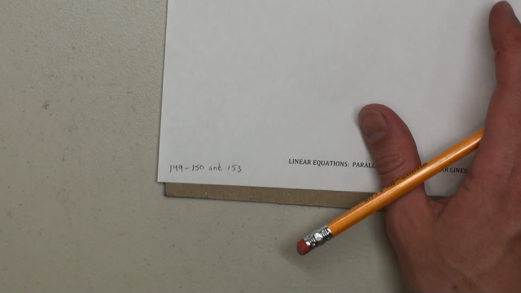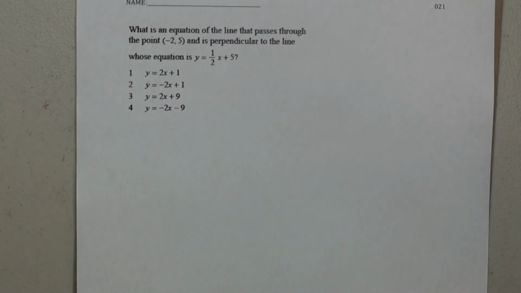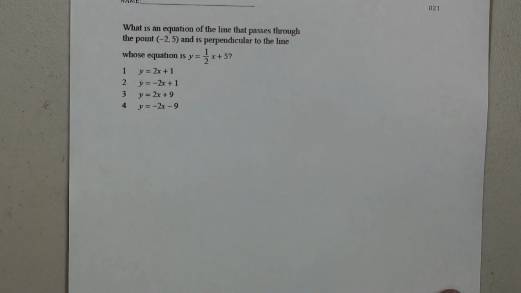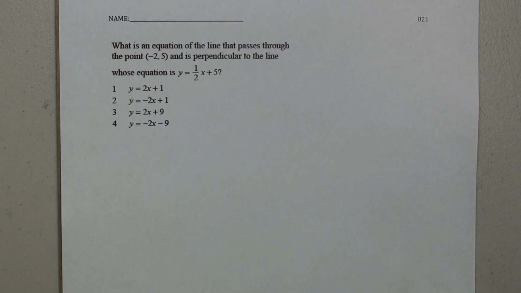Okay? And then this one is 149 through 150, end card 153. This is number 21, and 21 through 26 are all the same deal. Okay? So, let's do those.